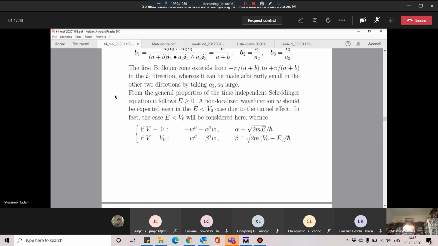We increase V0, but at the same time we decrease B, the width of the barrier, so that the probability of tunneling does not change. We simply deform the form of the barriers, but we do not touch the probability of tunneling.